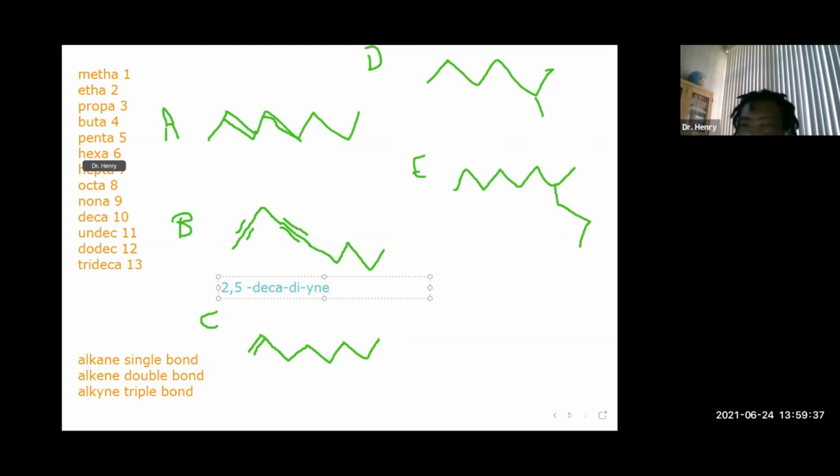Okay, so if we look at this, this is the first carbon, the second carbon, the third carbon, the fourth carbon, the fifth carbon, the sixth carbon, the seventh carbon, the eighth carbon, the ninth carbon, and the 10th carbon.